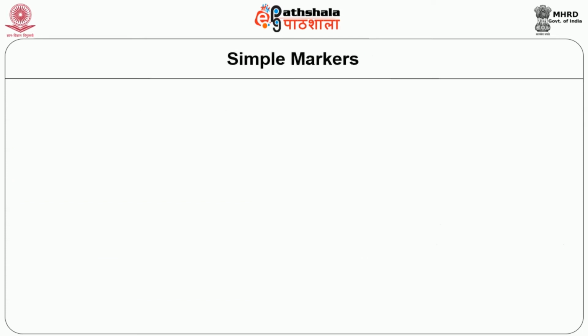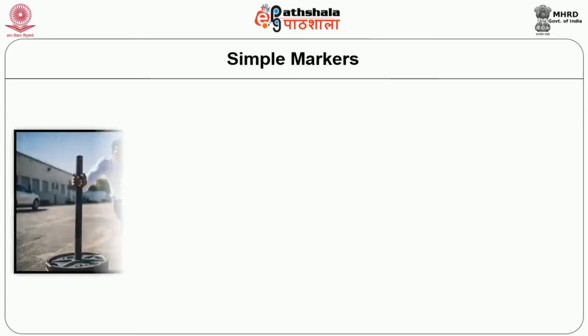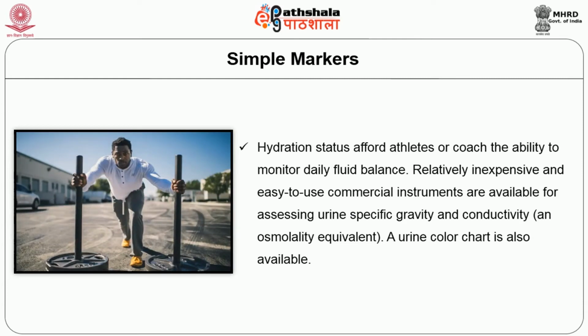Next, we will look into the simple markers. Hydration status affords athletes or coaches the ability to monitor daily fluid balance. Relatively inexpensive and easy-to-use commercial instruments are available for assessing urine specific gravity and conductivity, which is an osmolality equivalent. A urine color chart is also available for this.